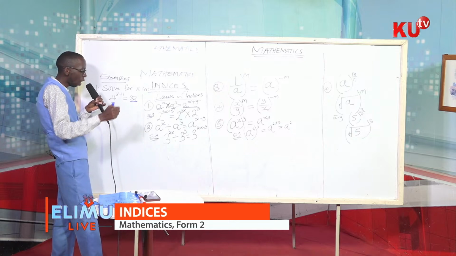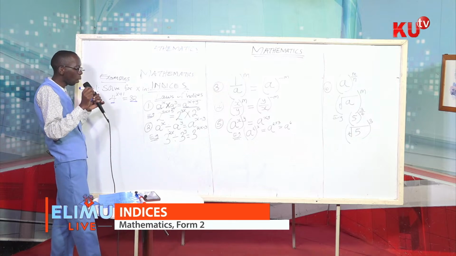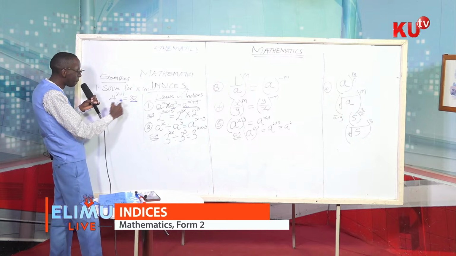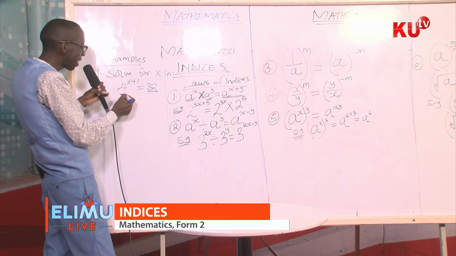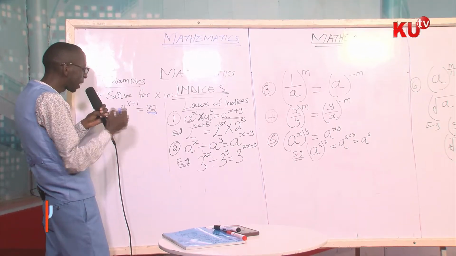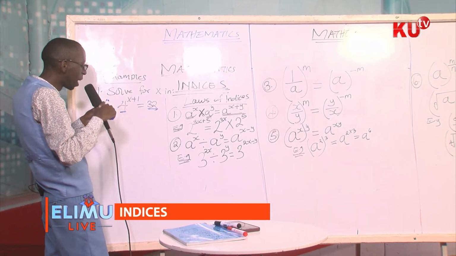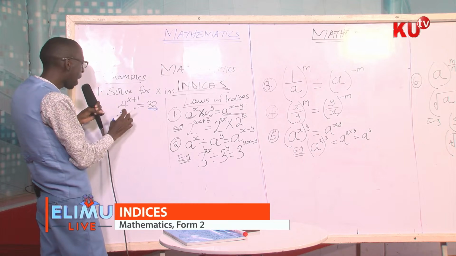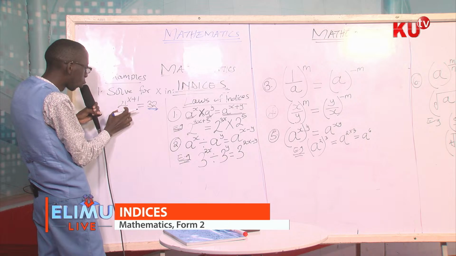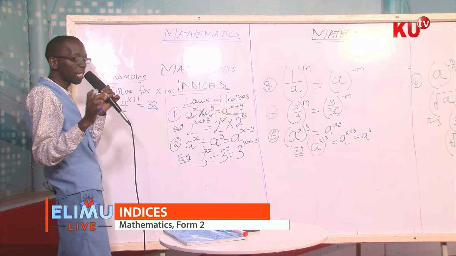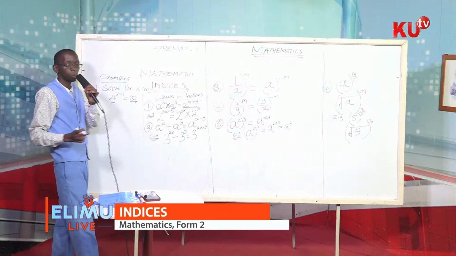Ask yourself, is there a possible way of making the bases to be the same? If the bases are even, you start by raising to base 2. We ask ourselves, can we raise 4 to base 2 and also raise 32 to base 2?